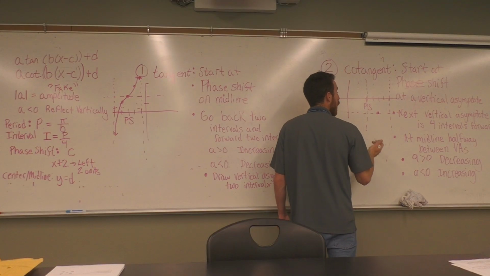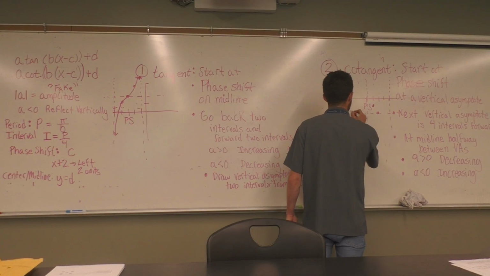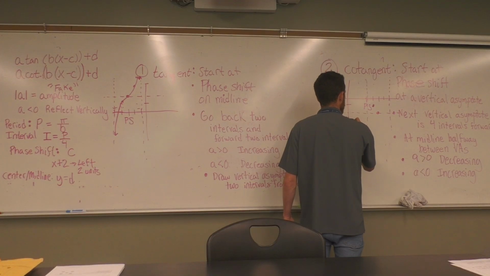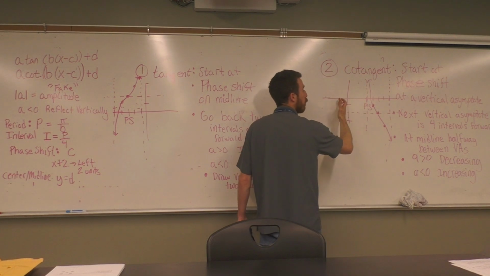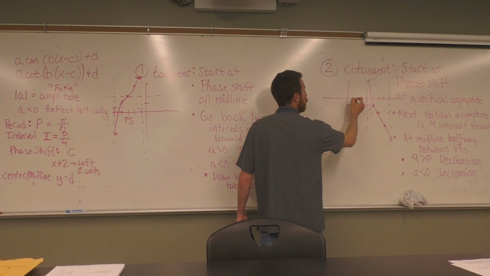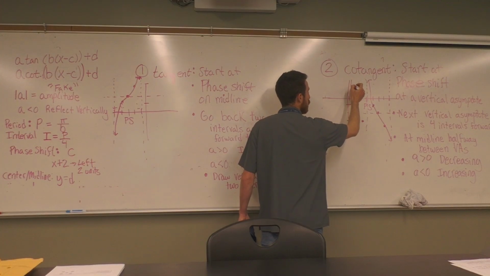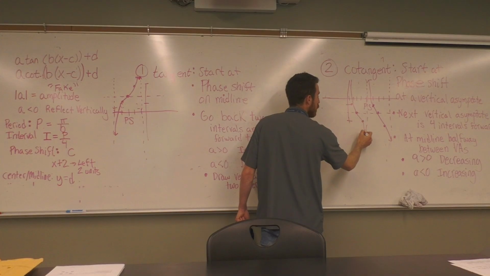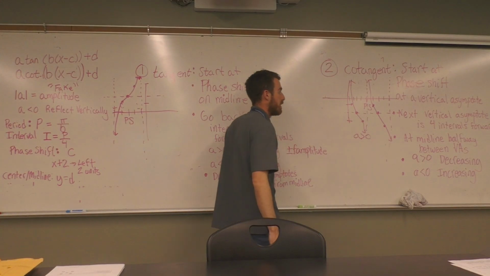And now I can adjust for the fact that I am decreasing. And draw. And if I needed to draw another one, I would go back 4 intervals, go to the midline again, and do it again. This, by the way, is for A greater than 0. It's decreasing.